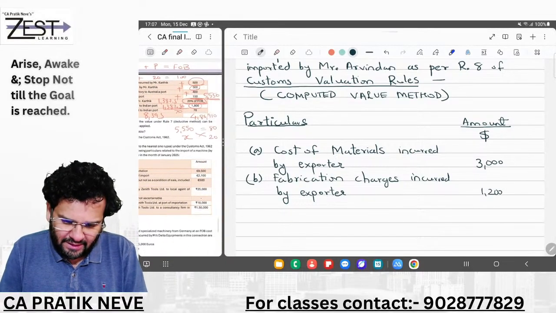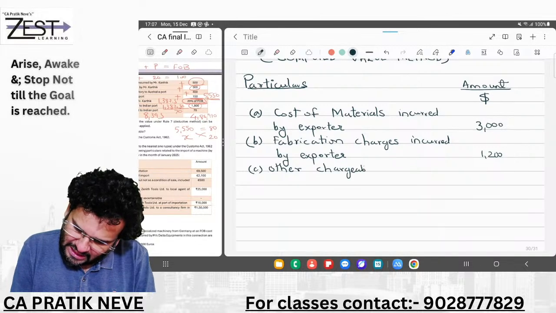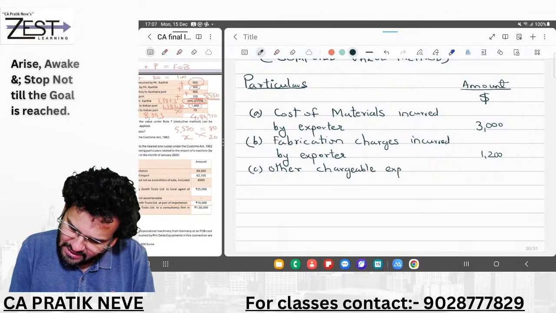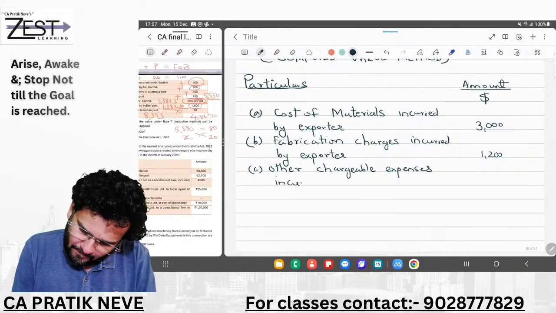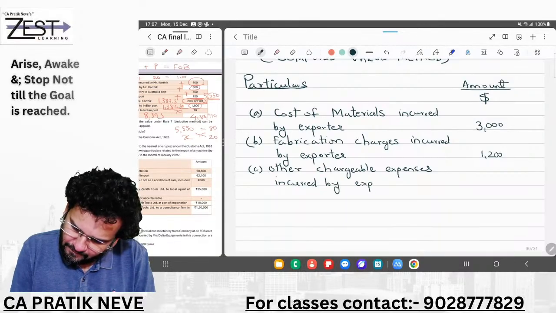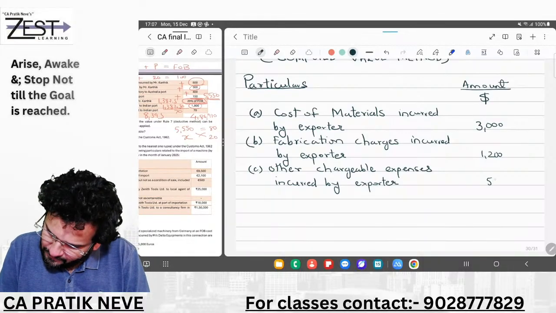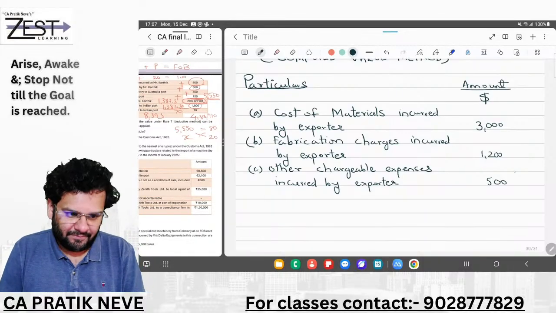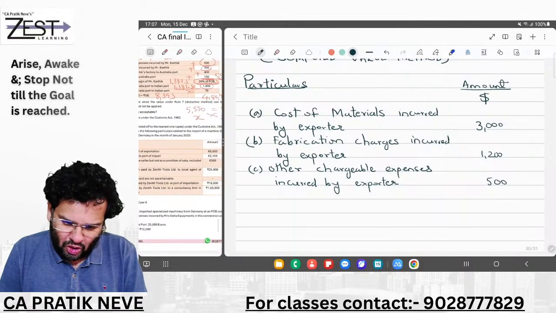Other chargeable expenses incurred by exporter, 500. Go ahead.